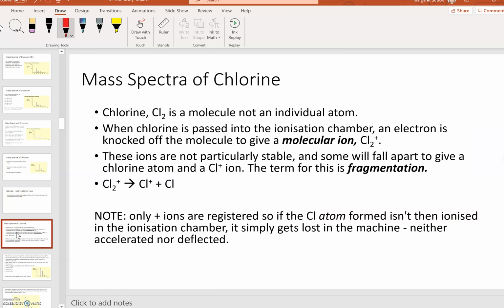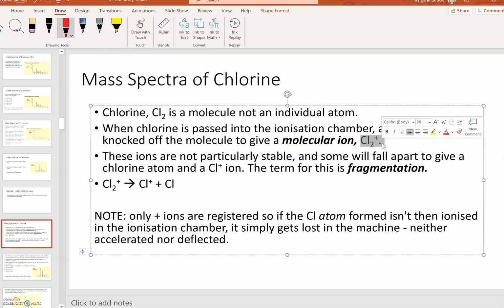When chlorine is put into the ionization chamber, an electron comes off. Remember I said that we can only get positive charges. The positive charges are then observed on a spectrum. So if we put Cl2 into this mass spectrometer and an electron's fired off, we'd end up with a Cl2 plus molecule, which is great.